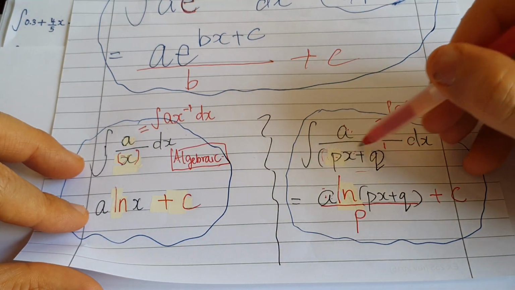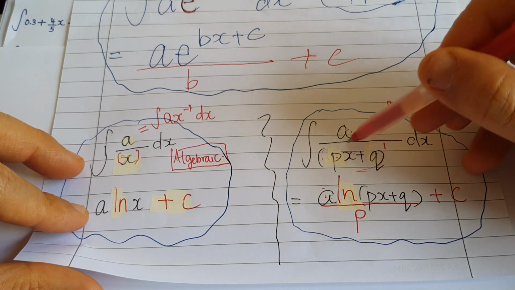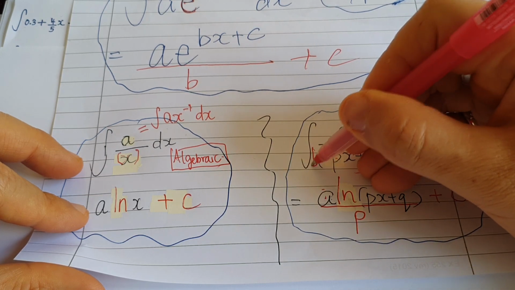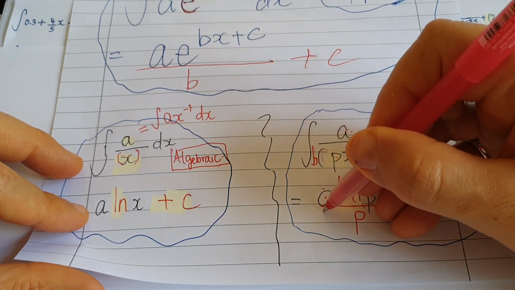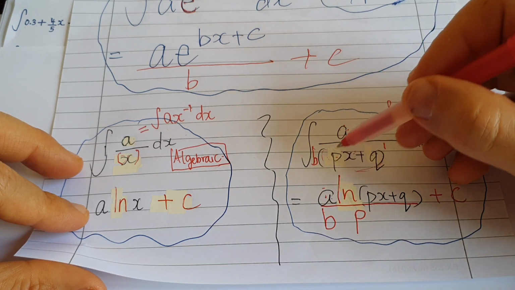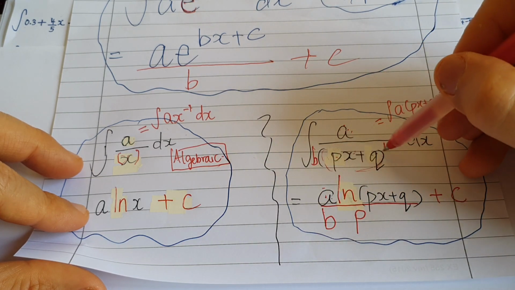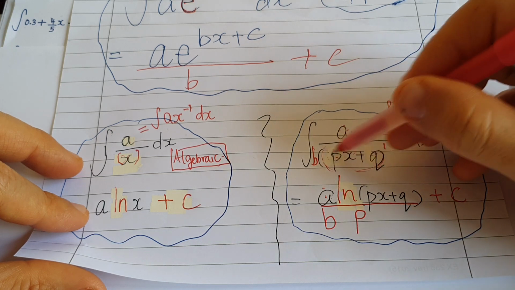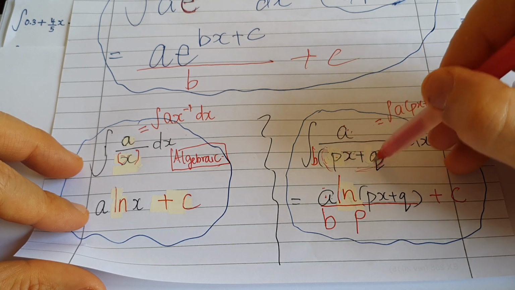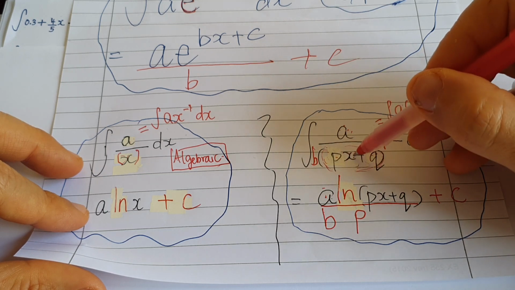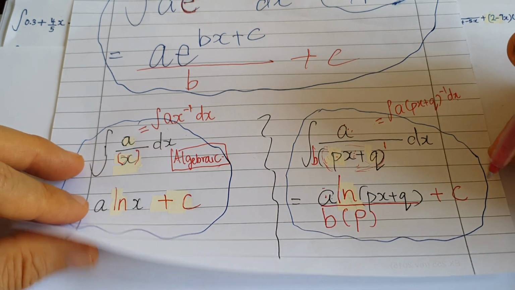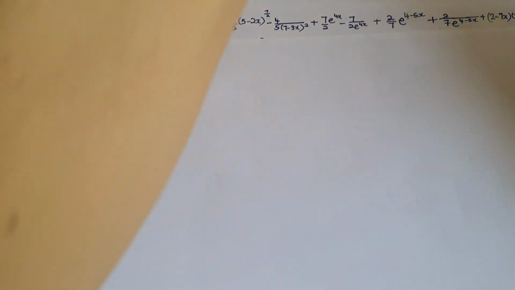Then you ln whatever you see here, this expression here. Don't get me wrong, if there is a b here, you don't go and ln the b. You let the b remain where it is. You only ln this part here, which makes up your big X, and then you differentiate this, you get p. Then you divide by p. Okay, so that's how you do it. Later I'll show you on the question itself.